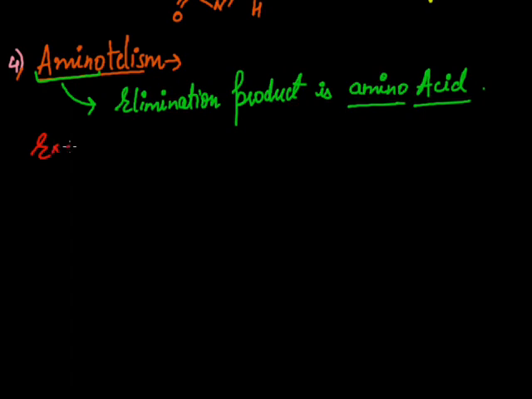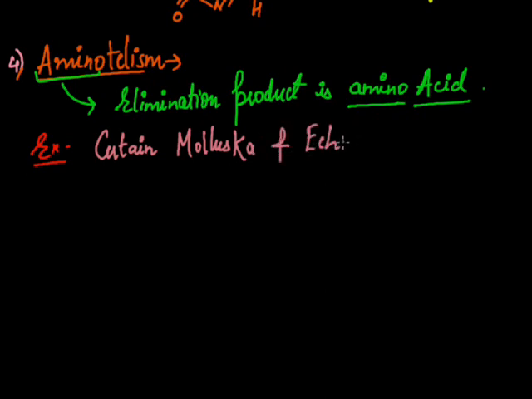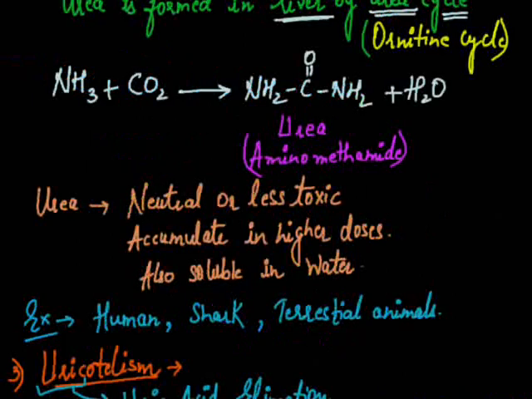If we see the example of aminotelism, this is certain mollusca and echinodermata. This is all. There are the four kinds of eliminated nitrogenous products.